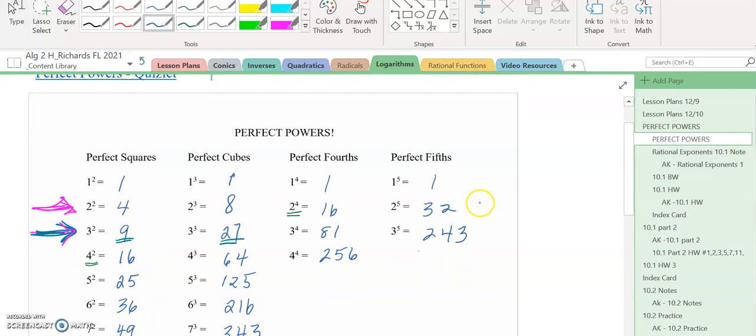So the thing is this, 2 to the 6th is 64, 2 to the 7th is 128, and 2 to the 8th is 256. So that's the problem. We do need a little bit more in our family of twos.